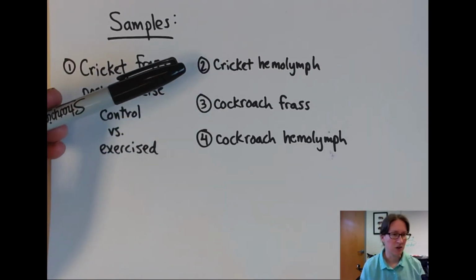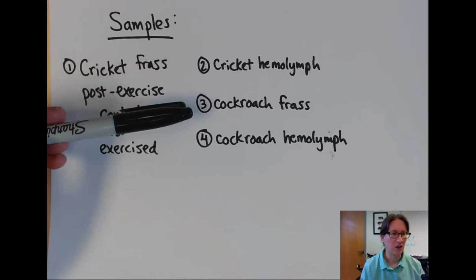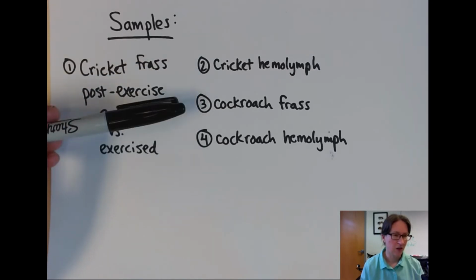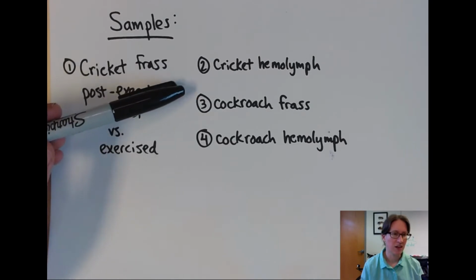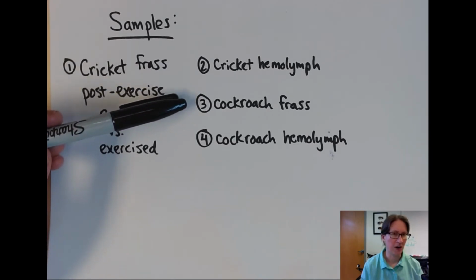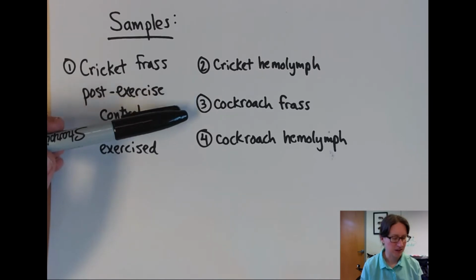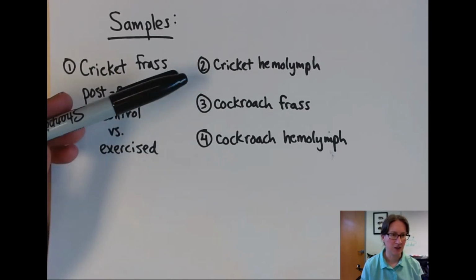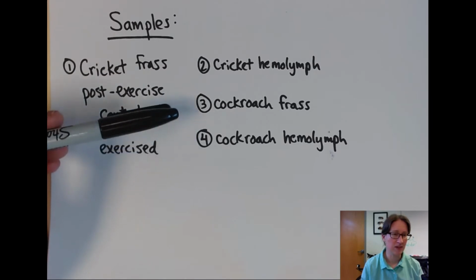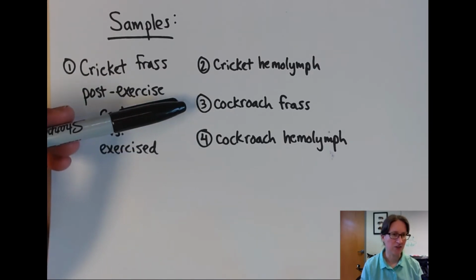So in cricket hemolymph, and then also we're going to compare waste excretion by crickets with waste excretion by our Madagascar hissing cockroaches. So we're going to wind up preparing a set of 4 different types of samples, the frass samples, and then cricket and cockroach hemolymph samples, and also cockroach frass.